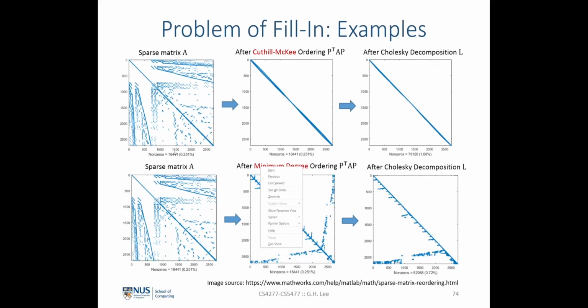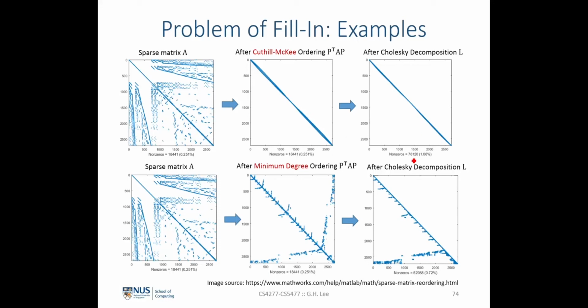Given a sparse matrix where we have 18,441 non-zero entries, for example, after applying the reordering we'll see that we reorder these elements to become something like this, by applying P transpose and P on A. We'll still get the same number of non-zeros because we are simply reordering the entries in the sparse matrix of A.